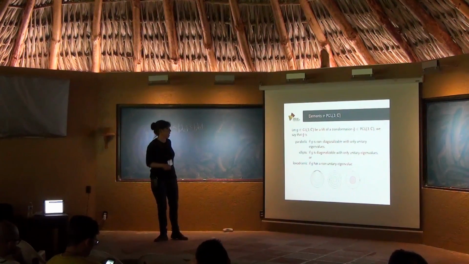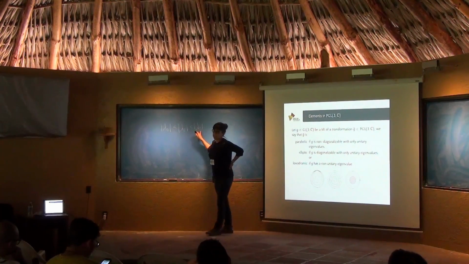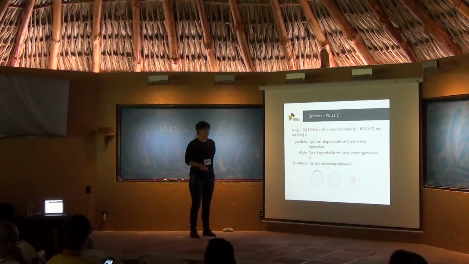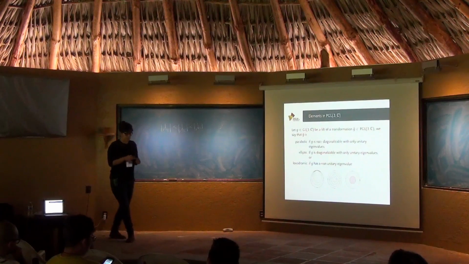In the special case where the loxodromic transformation has the eigenvalues in this way, one smaller than the other, we can talk about an attracting point and a repelling point.